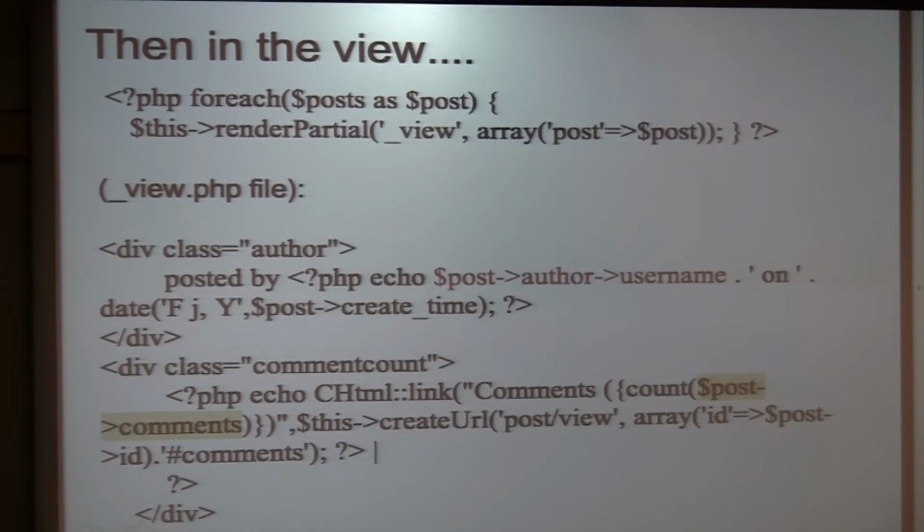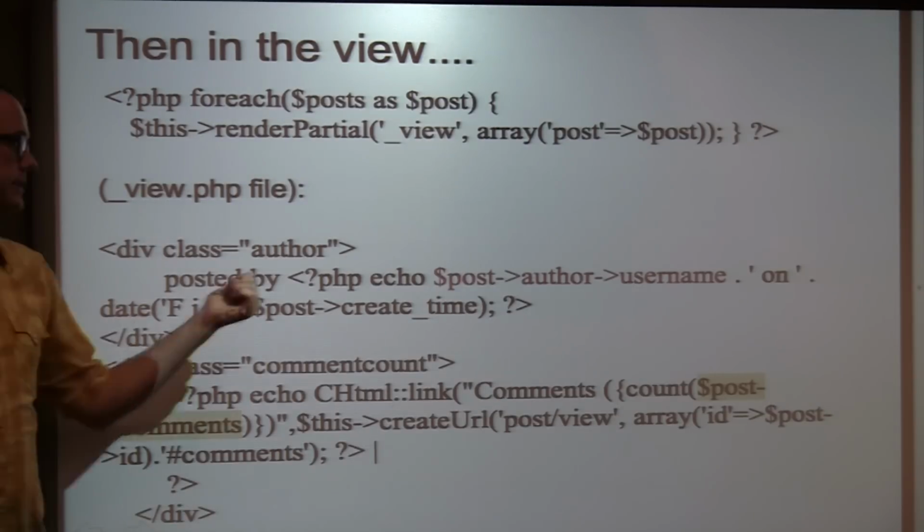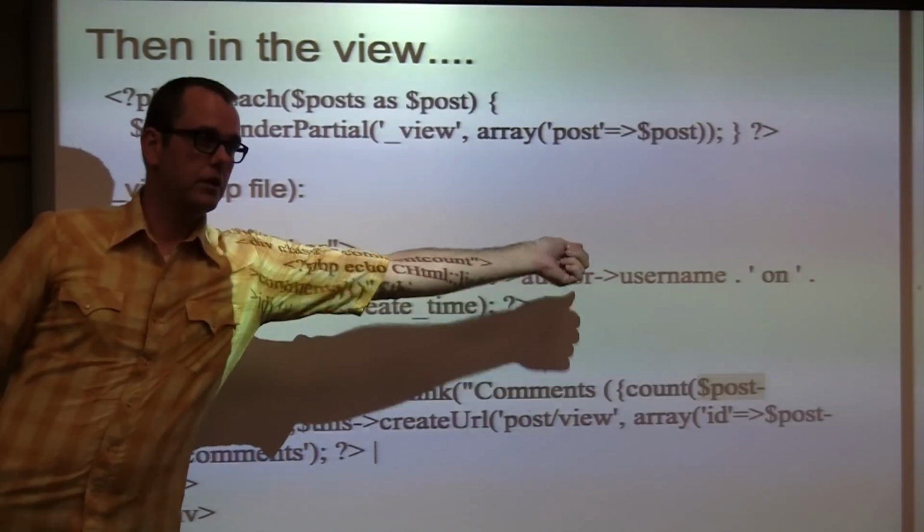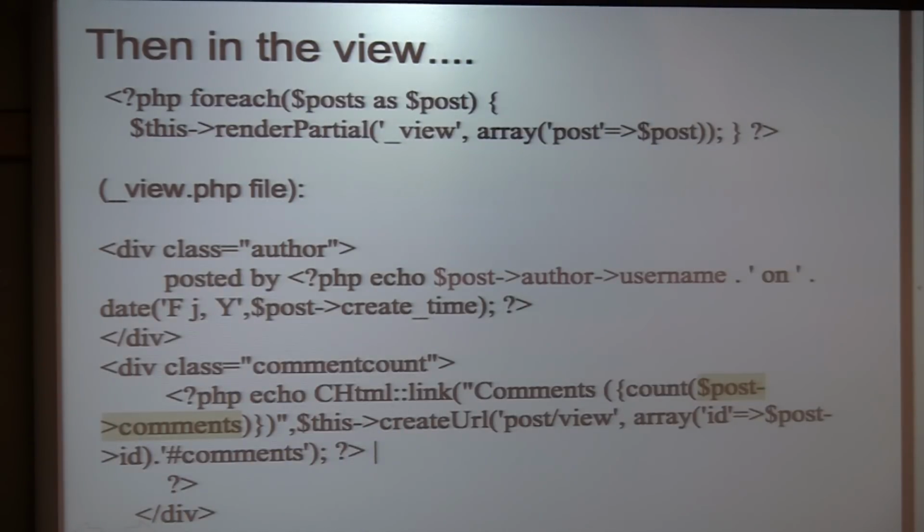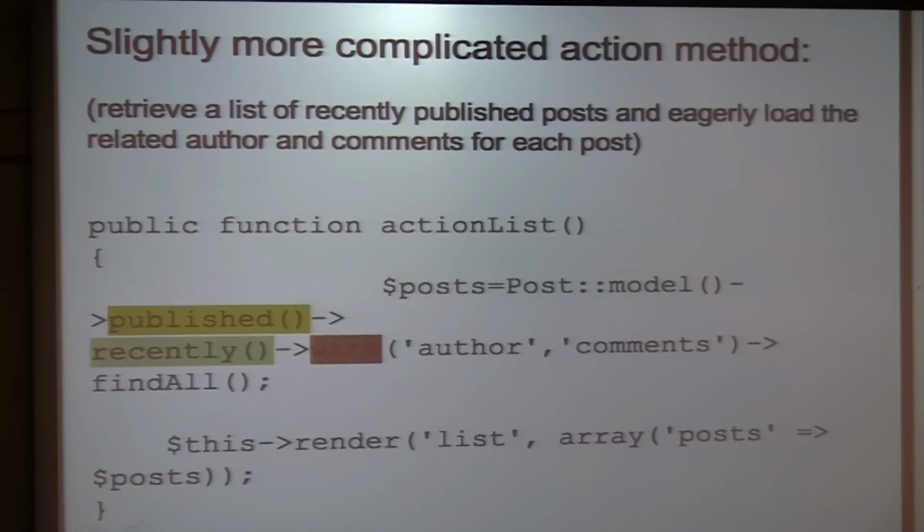That piece can reference the username of the author of the post in this chain sort of way. I asked for my posts with their related authors and comments, so I can get to that data by just saying post author username. That's getting to my related entity. Again, down there are the post comments. I try to highlight the same thing, basically using with.